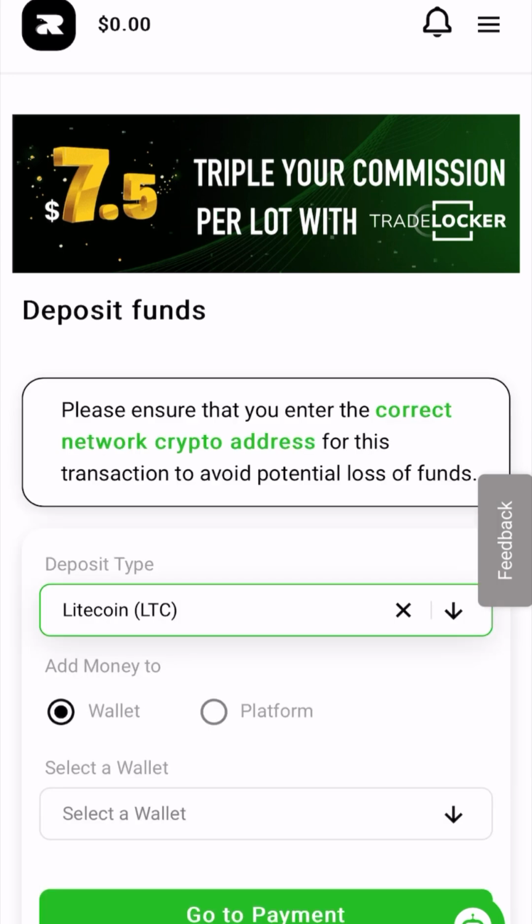I send it to the wallet, and once I send it to the wallet, the amount appears up there in the upper left corner, and once it's up there, you basically want to transfer that.